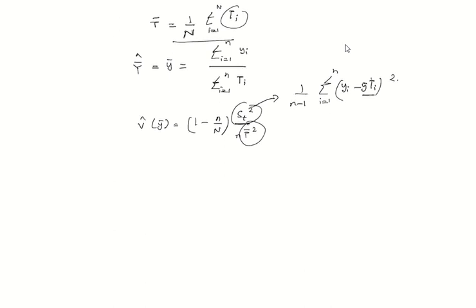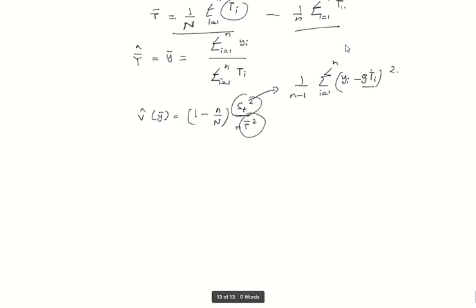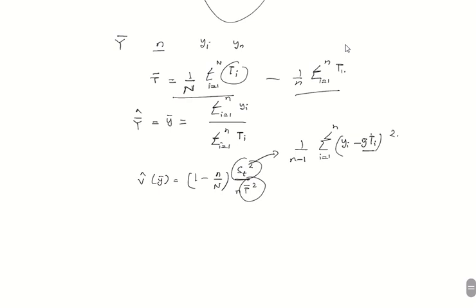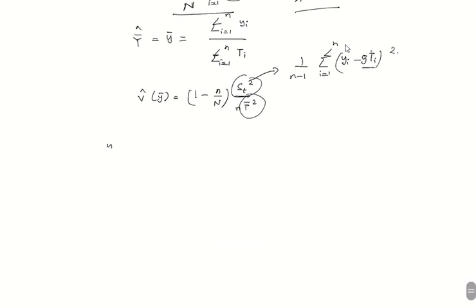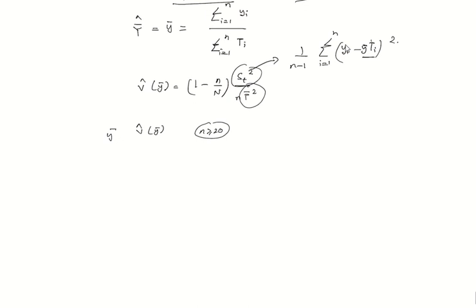So instead of 1 by n, we can use 1 by n summation i equal to 1 to small n of ti, and this we would know because we are doing it for the actual element in the cluster, so we might know the ti for that. But both the yi as well as the variance of y bar will be biased. Bias will be small, and the estimated variance would be a good estimator of the variance of y bar only if the n is large. Say n is more than 20, then only the bias would be less. So you have to have a larger sample size.